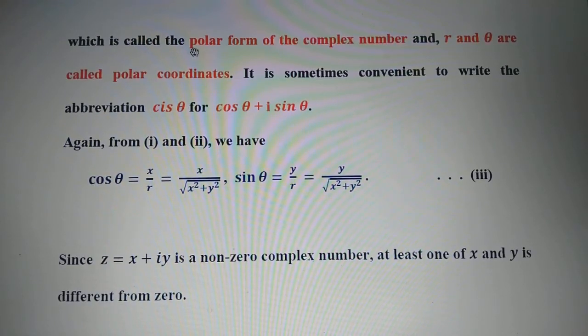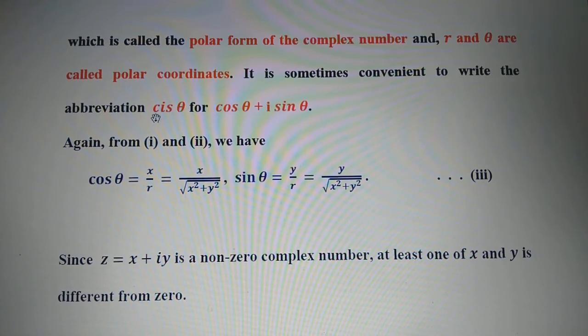So that form is called the polar form of the complex number, and these r and theta are called polar coordinates. It is sometimes convenient to write the abbreviation for cos theta plus i sin theta as cis theta.